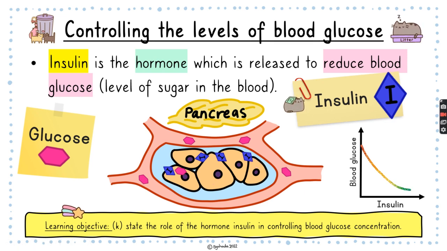And don't forget, the last part is that once you have a lot of glucose in the liver or in the muscle cells, they're going to store that glucose. And as animal cells do, they store their carbohydrate in the form of glycogen. So let's do a bit of a recap: plants store their carbohydrate in the form of starch, and animal cells store it in the form of glycogen.